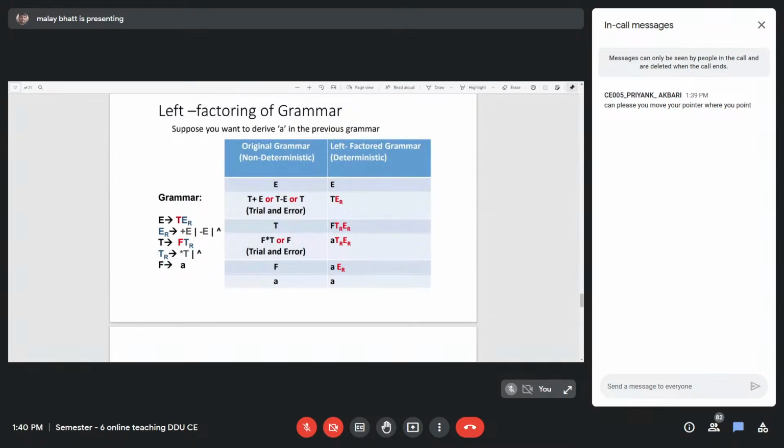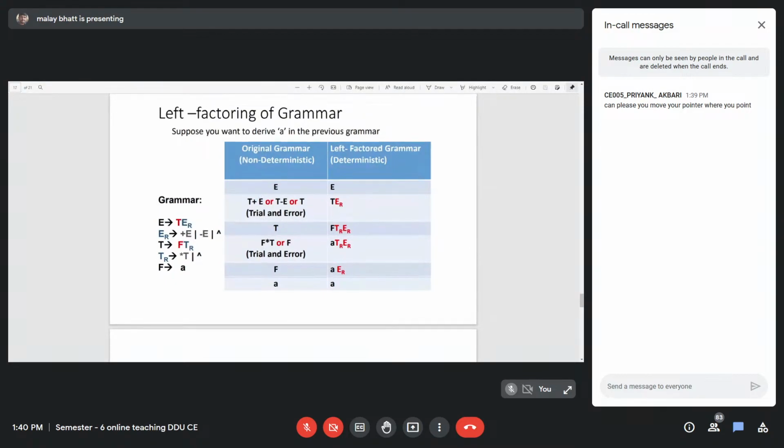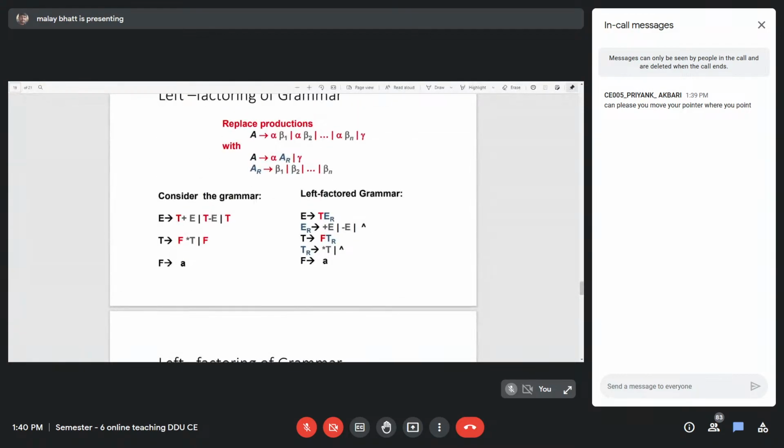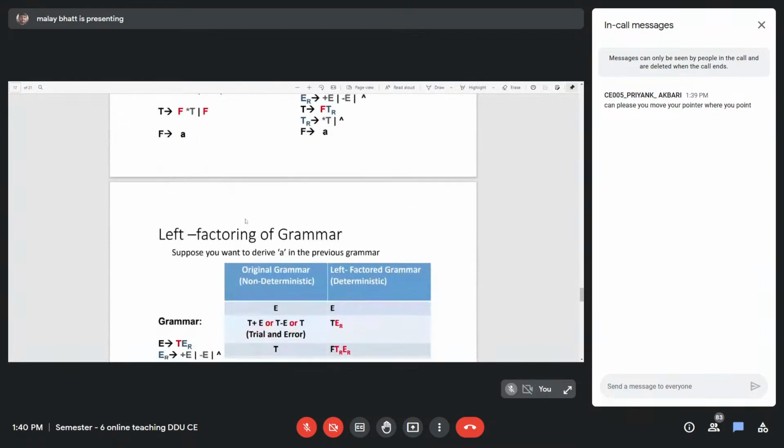As you want to derive only A, now if you use the original grammar, from E, we have three options: T plus E, T minus E, or T. In this grammar, we have three options for E in the original grammar, and we don't know which is applicable.